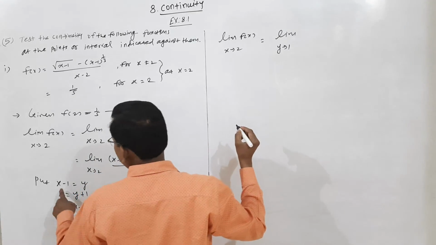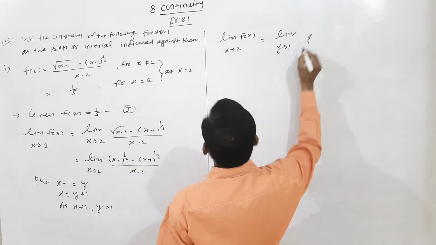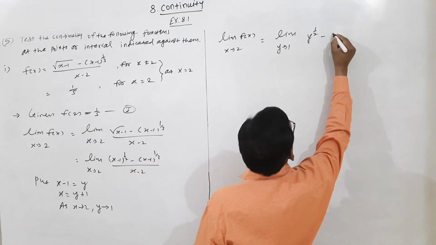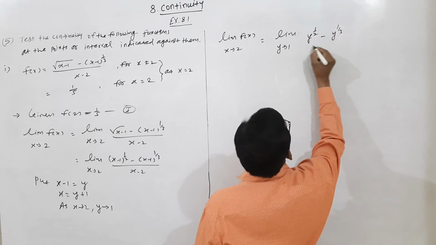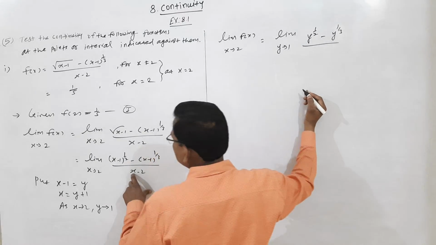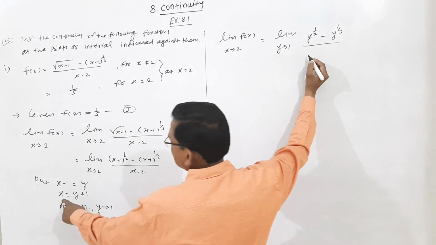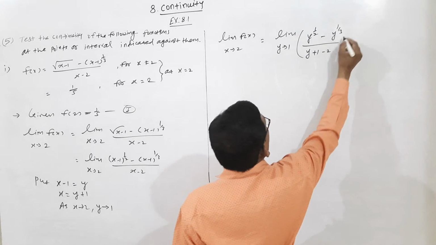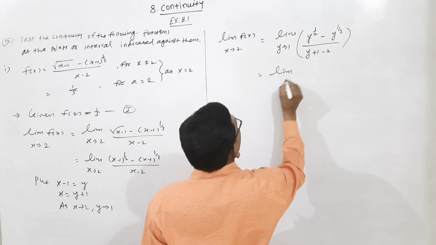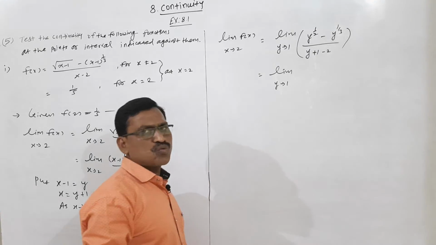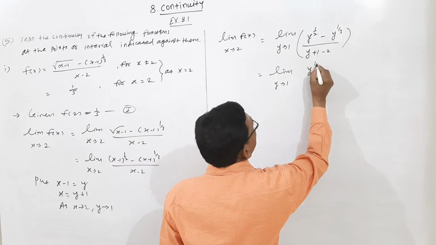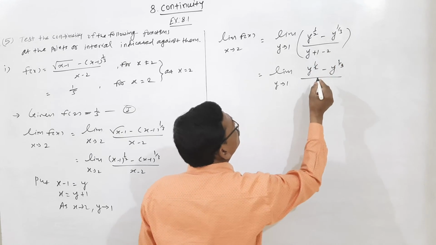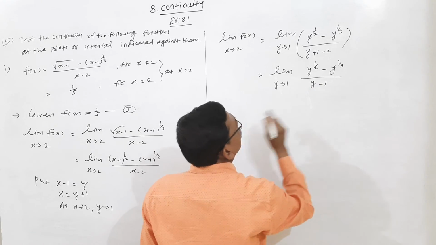So x minus 1 becomes y: y raised to 1 by 2 minus y raised to 1 by 3, divided by y plus 1 minus 2, which is y minus 1. Therefore it is equal to the limit as y tends to 1 of y raised to 1 by 2 minus y raised to 1 by 3, divided by y minus 1.